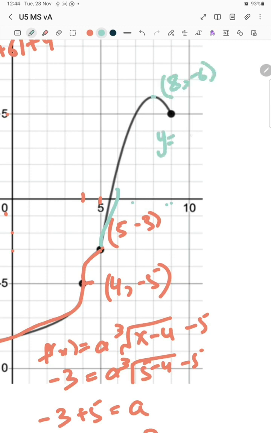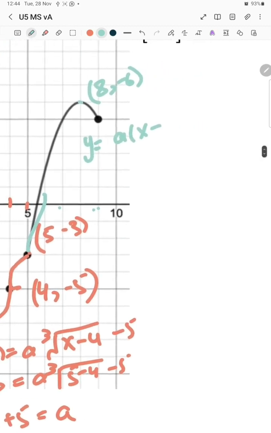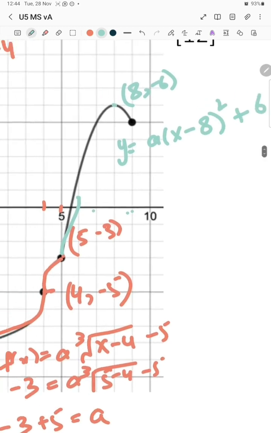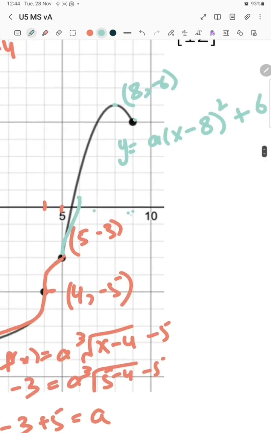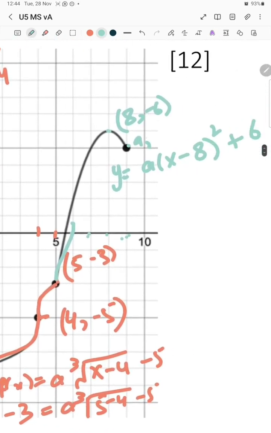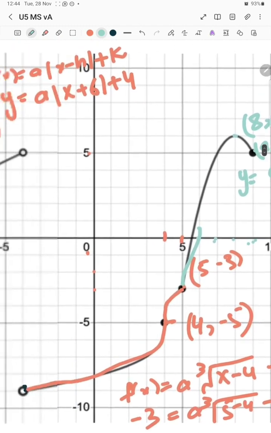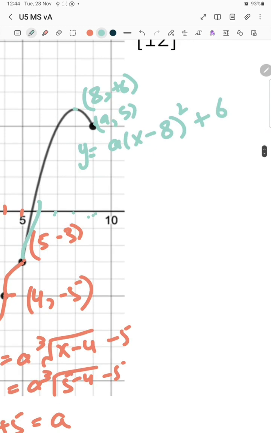So y is equal to a times x minus h whole square plus k. Let's take this point. This point is 6, 7, 8, 9 and 5. No, why it's -6. 9 and 5, so it would be 5 is equal to a.